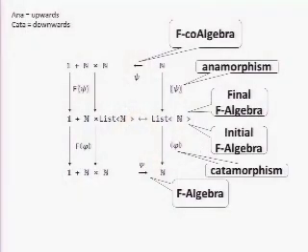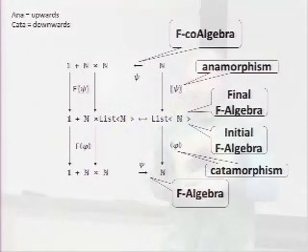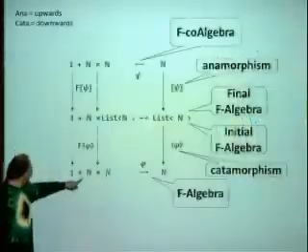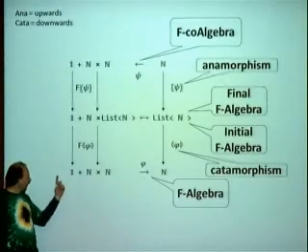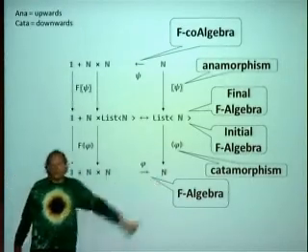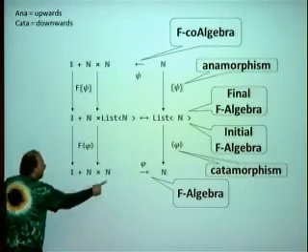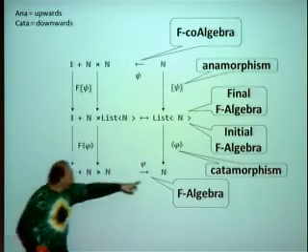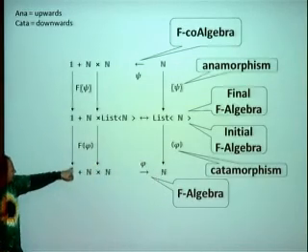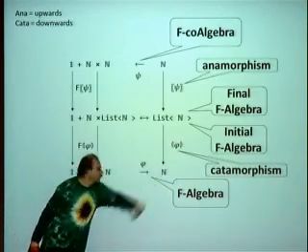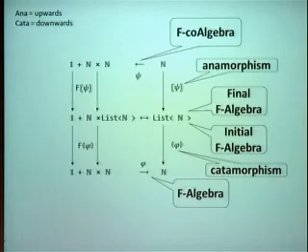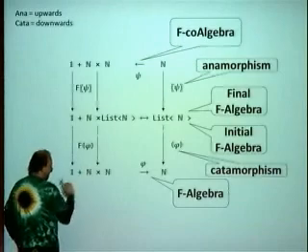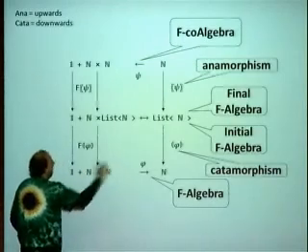And here's the picture. If you're doing category theory, you always have to have commuting diagrams. So let's look at an algebra here. An algebra is something that takes an F of something to something, where F is the functor, and here I've just unfolded the functor. So this says I have either a pair of numbers, and I map that to a number, or I have the unit type, a value of the unit type, and I map that to a number. That really gives you the structure of a list of integers, where this is the empty list, this is the element of the list, and this is the rest of the list.